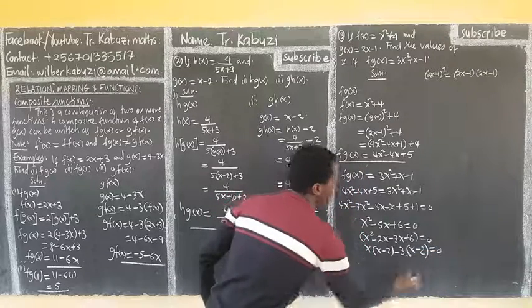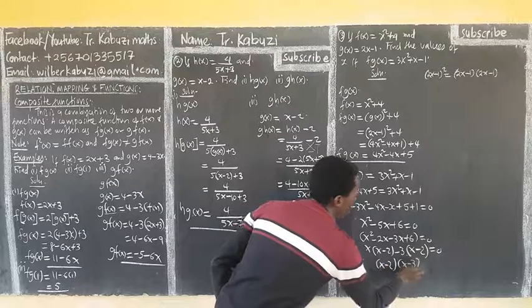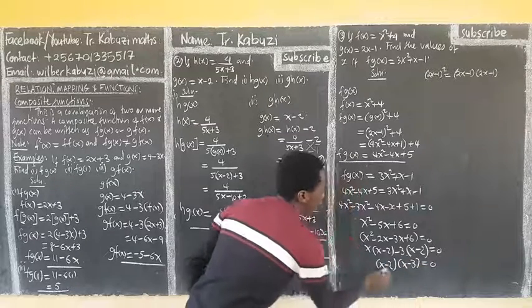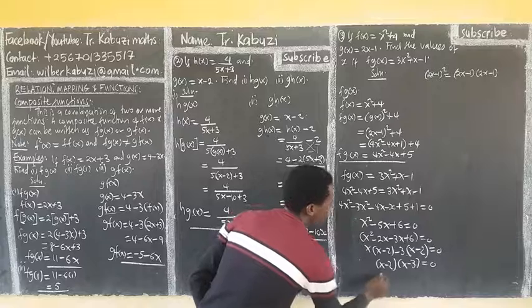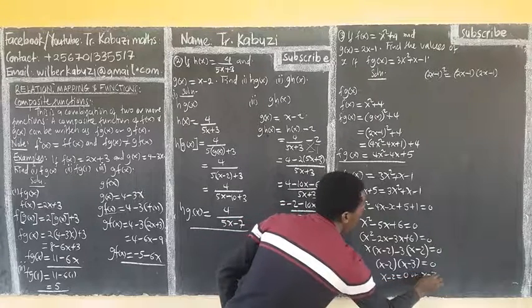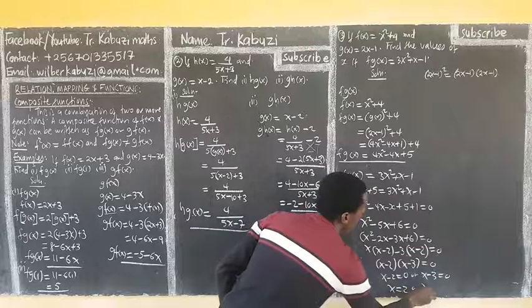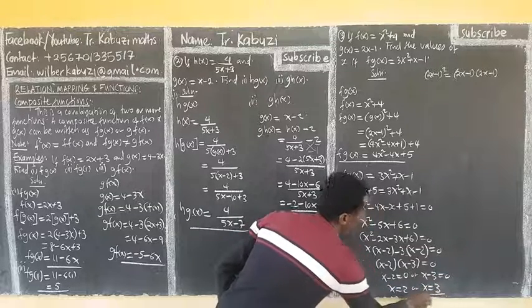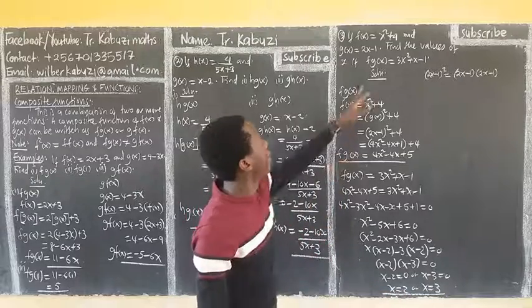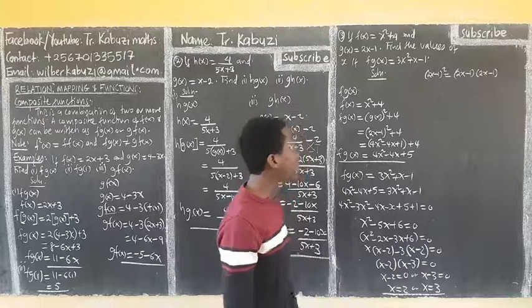So that this and this are common, equal to 0. So either x minus 2 is 0 or x minus 3 is 0. So that your x will be 2 or 3. So those are the values. So find the values of x if this is this. These are the values of x.